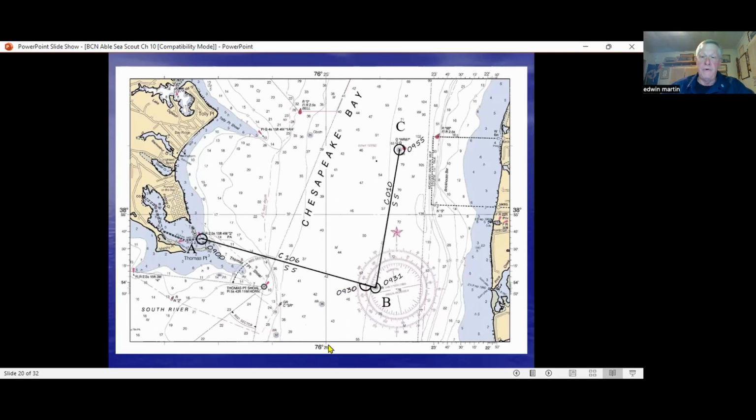That's going to take us 24 minutes to cover two nautical miles. So our time at sea is going to be 0955.